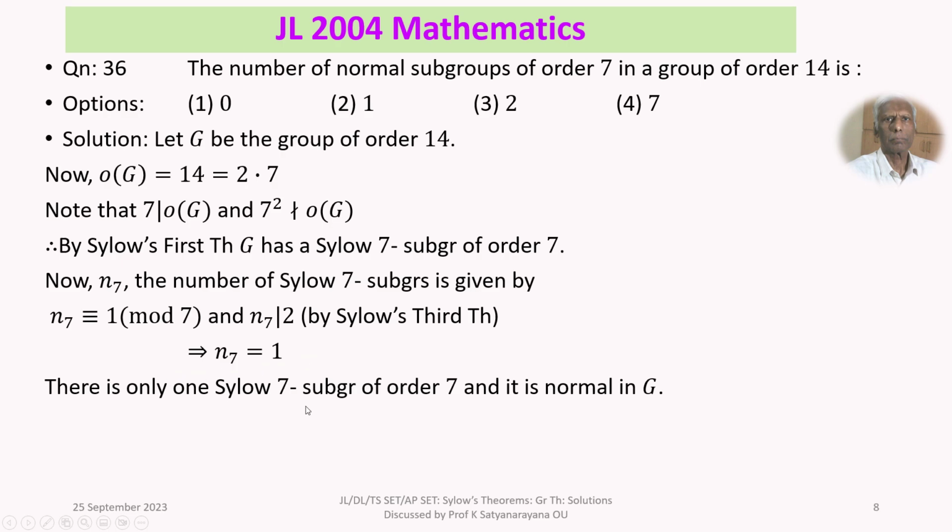So there is only one Sylow 7-subgroup of order 7, and if you have only one Sylow 7-subgroup of order 7, then it must be normal in G. So therefore there is only one normal subgroup of order 7 in G. We have considered all Sylow 7-subgroups of order 7, and it is only one, and that is normal, and thereby we got all the normal subgroups of order 7.